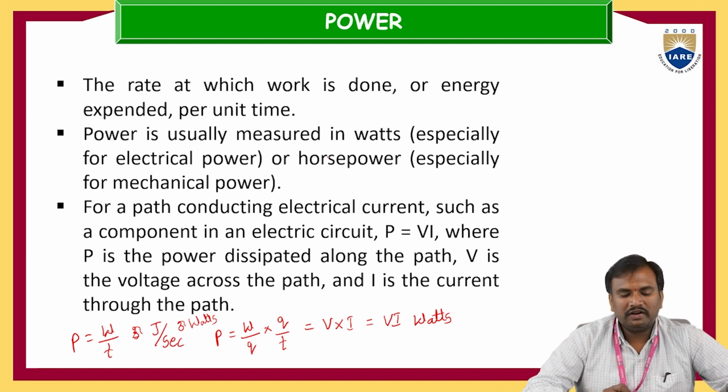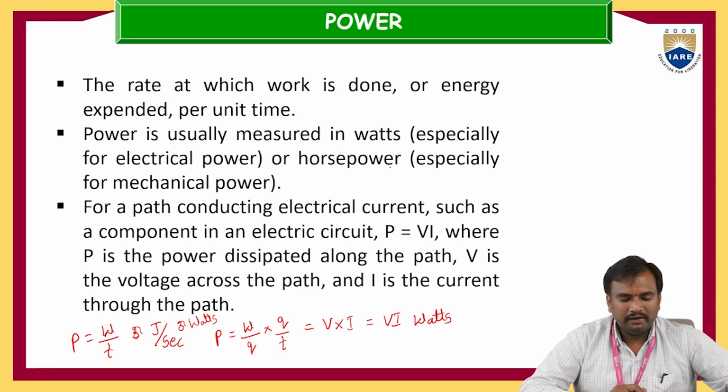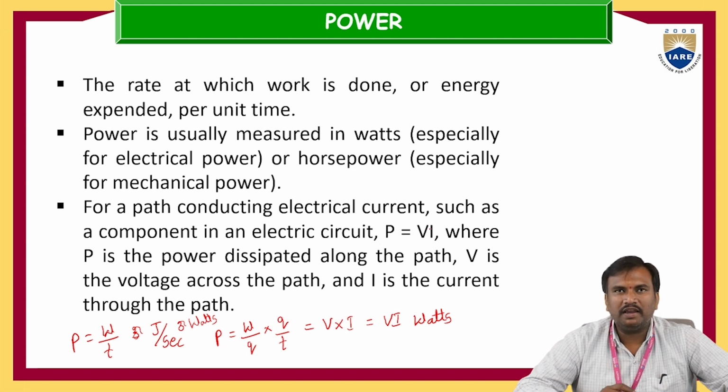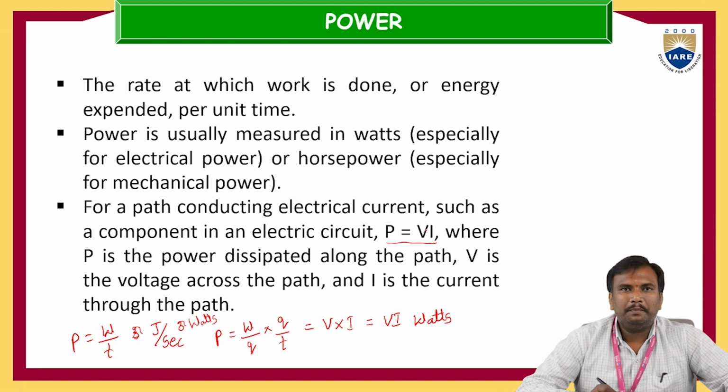Power is usually measured in watts or horsepower, and for a component in an electrical circuit conducting electrical current, power equals VI. We can derive this from our basic definitions of voltage and current.